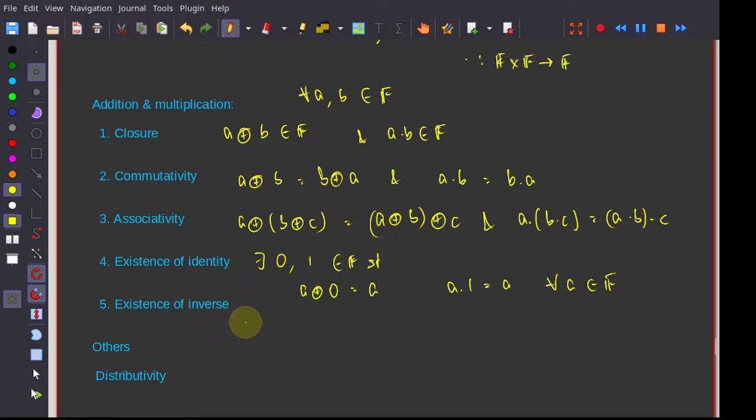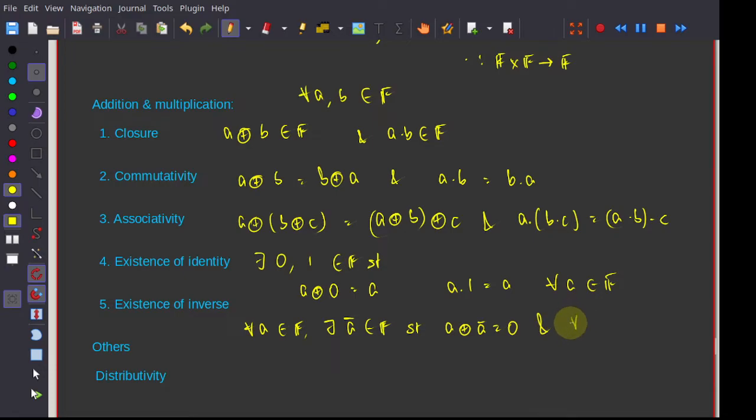Similarly, for every element there exists an inverse. We'll denote this, maybe I'll call it a bar. The addition of the element with the additive inverse should give me the additive identity.